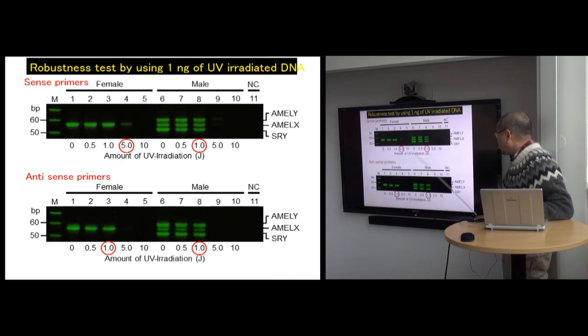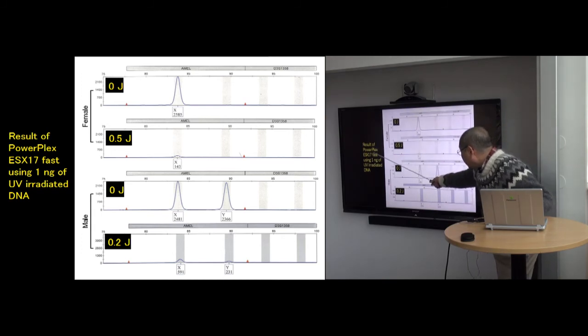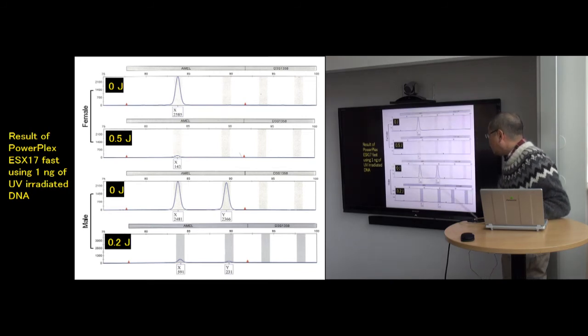But when you compare this result to the commercial DNA testing kits, this is the very widely used PowerPlex ESX17 fast kit. It can stand up only to 0.5 joule for female, and 0.2 joule for male.